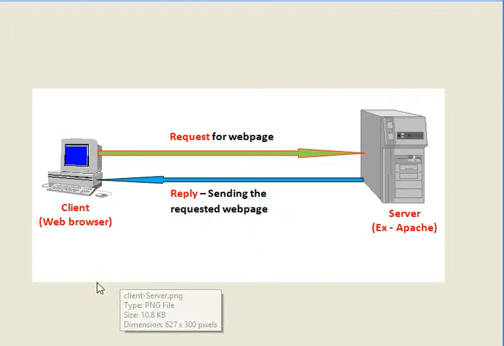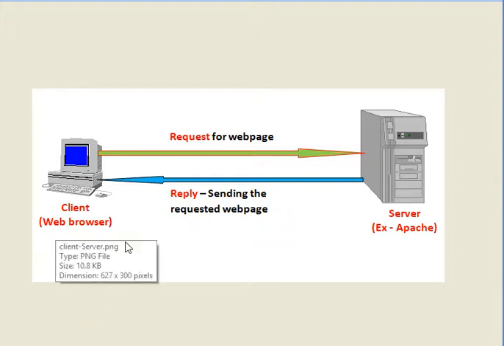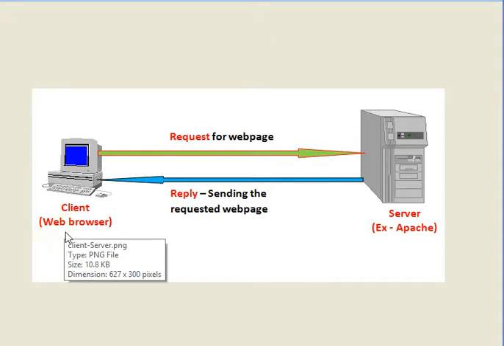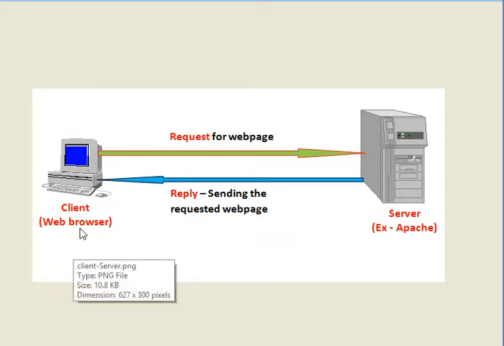So basically in our web based technologies, the web browser is a client. So any web browser, it can be Chrome, Firefox, or Internet Explorer, any web browser in the user's PC, is a client.